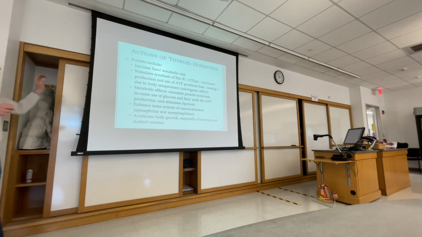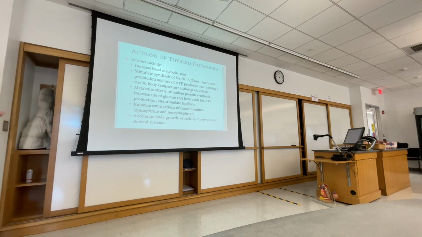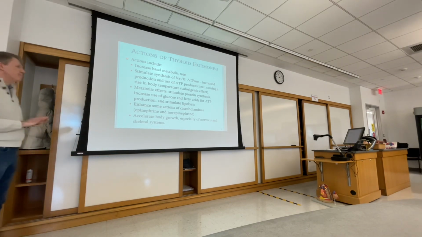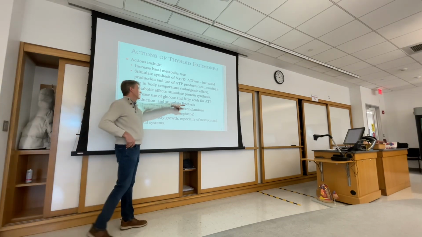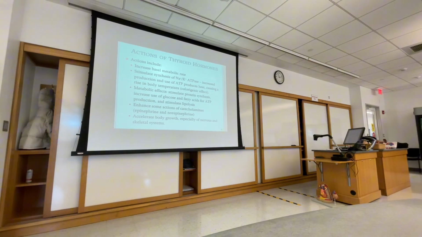Other stuff to know about thyroid hormone, it's an anabolic hormone. It promotes protein synthesis. It also stimulates lipolysis. What's lipolysis? Burning of fat. Yeah, breakdown of fat. So this is why if you see somebody that's hyperthyroid, that has high levels of T3 and T4, what does their body shape usually look like?